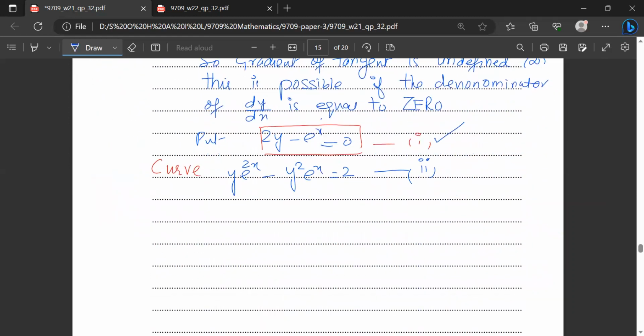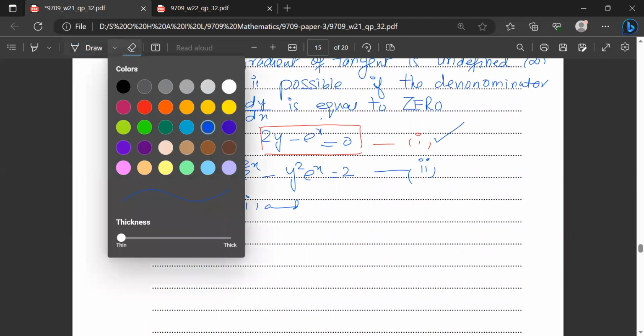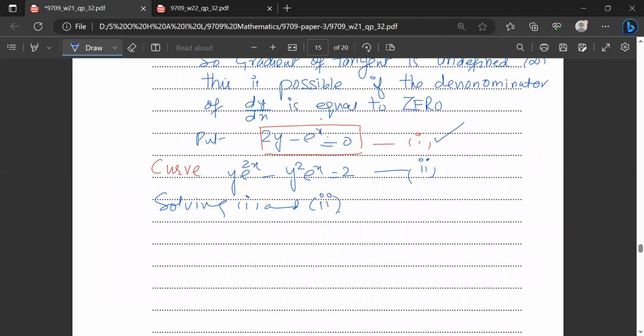So solving 1 and 2. How to solve these two equations? From 1, I can write e power x is equal to 2y. If e power x is 2y, then e power 2x would be 4y square, squaring both sides.